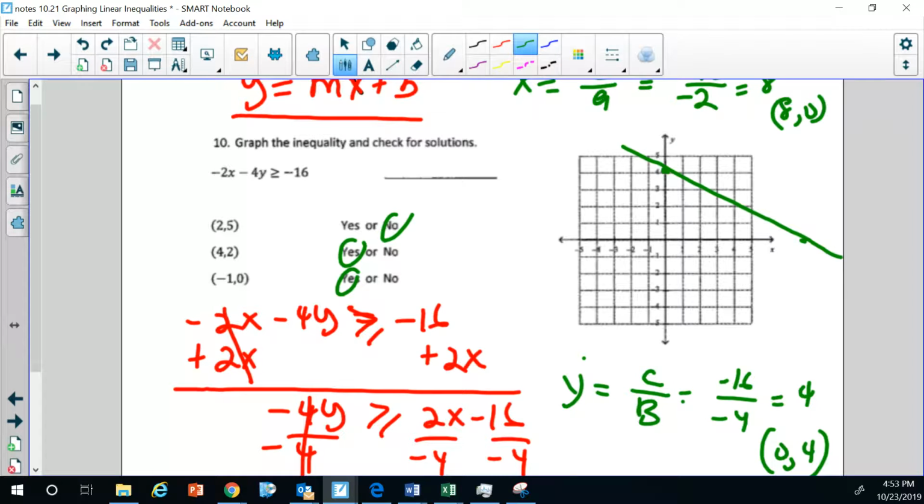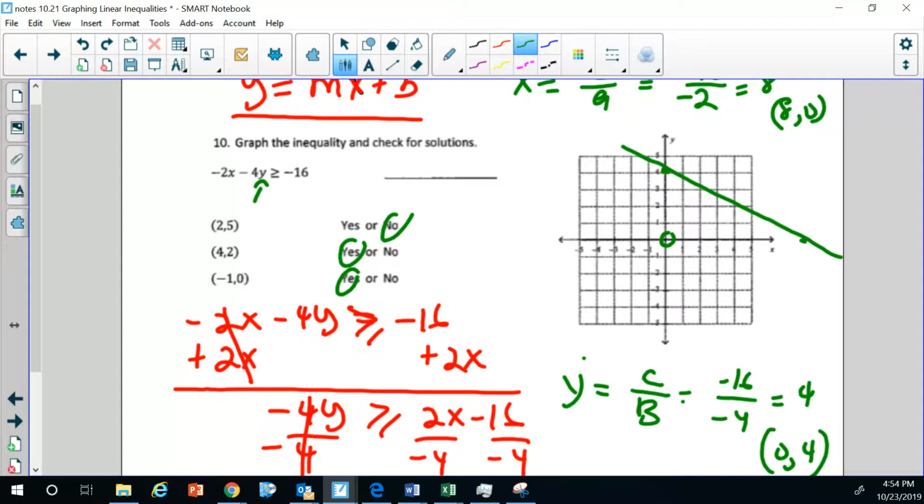Now we have to figure out which side of the line is the solution set. I just pick (0, 0) and substitute it back into this equation. If (0, 0) satisfies the equation, then I know the solution set is below.